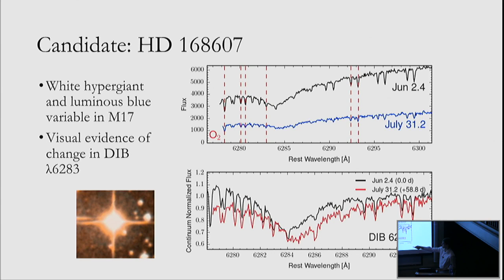And then the feature that potentially is changing is this right here, how the red, this is a difference, 60 days difference between these observations. And the change occurs right here potentially, in that the black sort of goes like this, and the red comes down. And there's this plateau that appears.